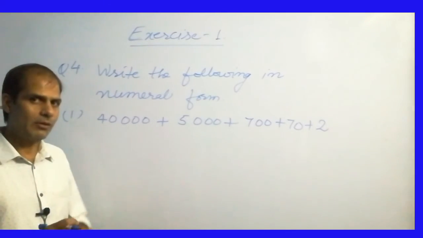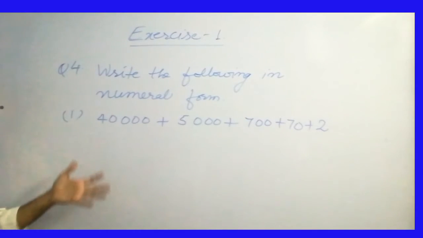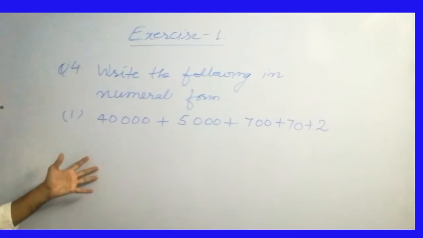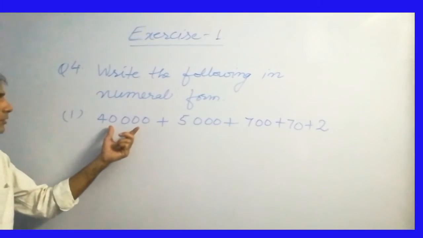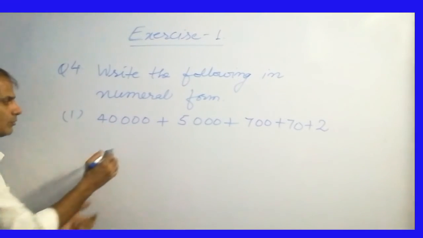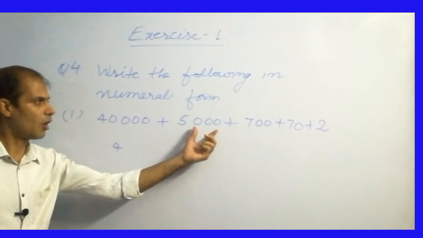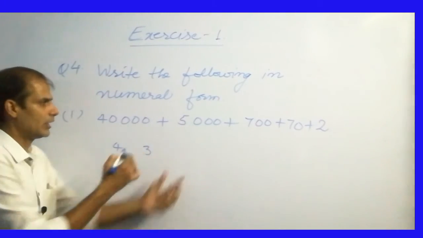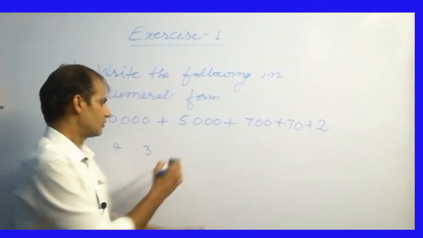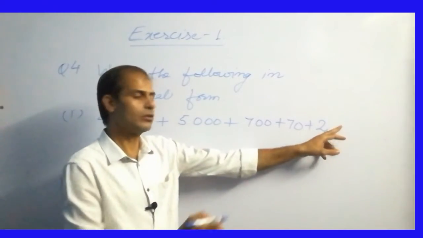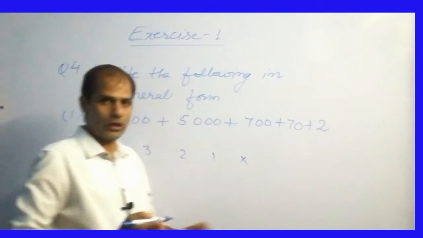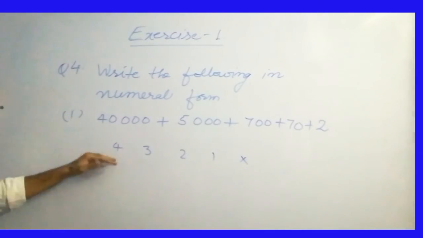After this I will tell you another method, but this is a short method and within 5 or 10 seconds you can write the answer. Number of zeros are 4. Only zeros. How many zeros? 3. How many zeros? 2. Number of zeros? 1. And number of zeros? Nothing. Okay, no zeros.